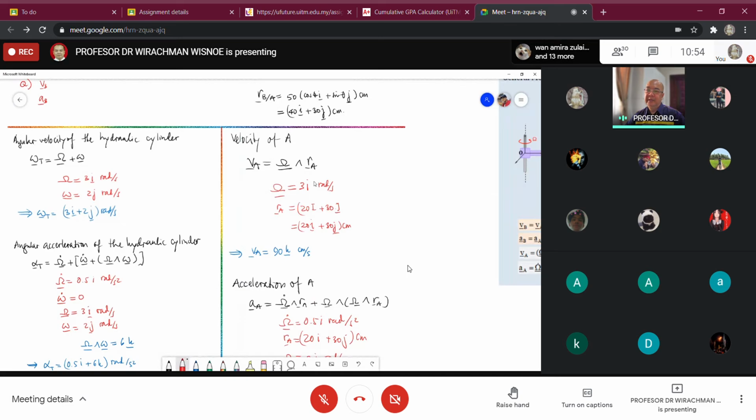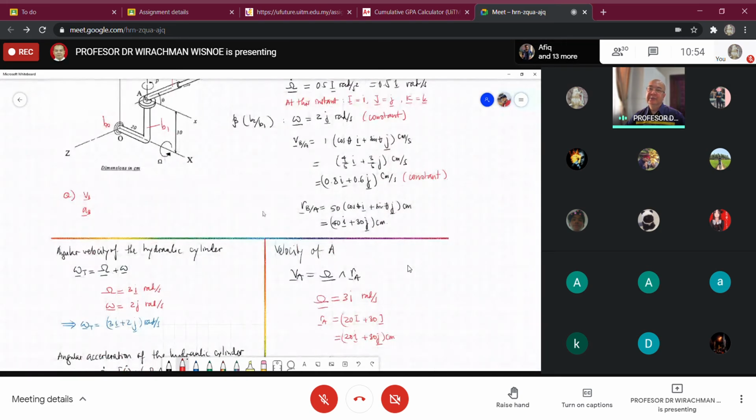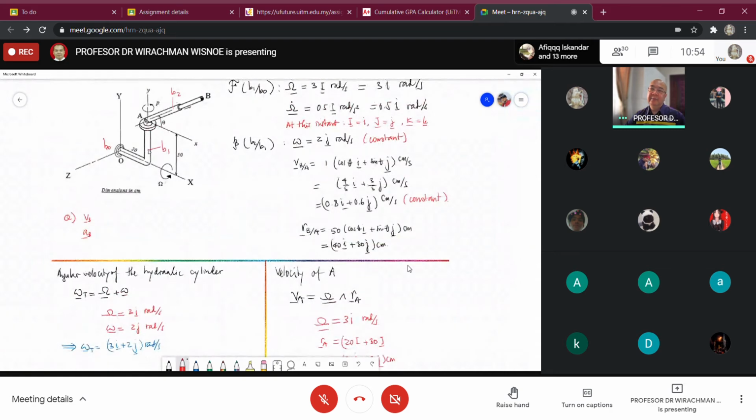You have the omega given, and you have RA. RA goes from O to A. In this case, from O going to A, I need to go in the X direction by 20 and then up by 30. So 20I plus 30J, capital.